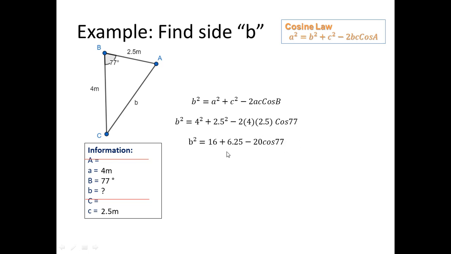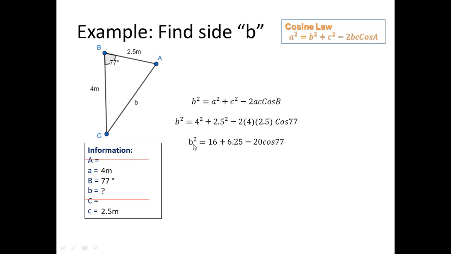Now, I'm not going to simplify this yet because I know that with something like cosine 77, I'm going to have a large decimal. Instead of rounding it, I'm going to type it all into my calculator at one point so that I don't have to round so many times.